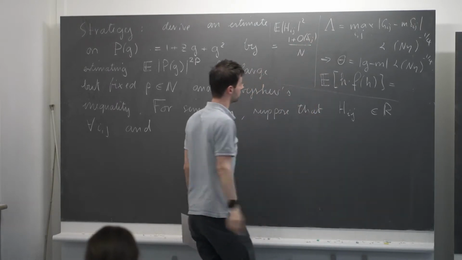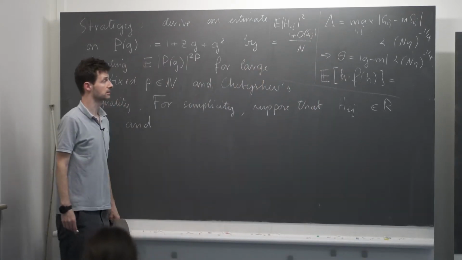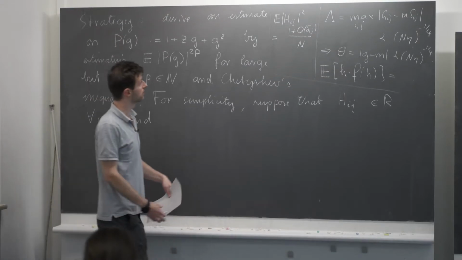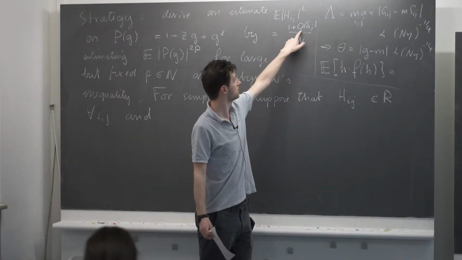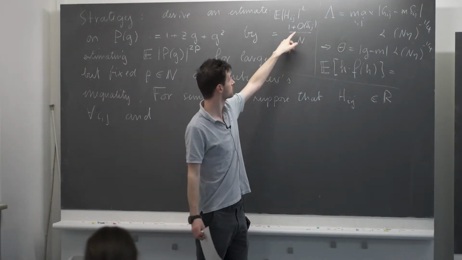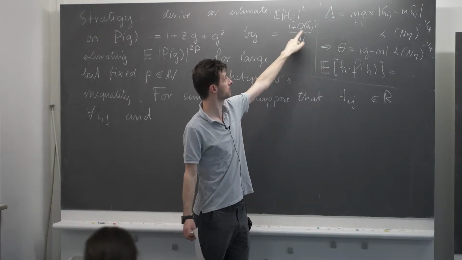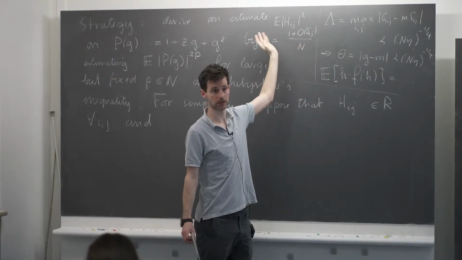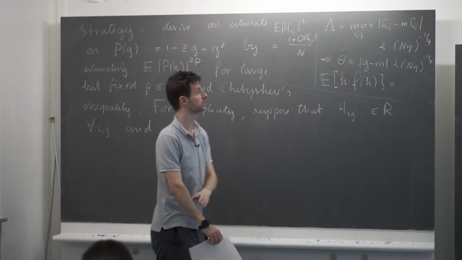It's important that the off-diagonal ones are exactly equal to 1 over n. The diagonal ones, it doesn't really matter. So I had this big O of delta ij, which means that if i is equal to j, then this can be any constant. It can depend on i and j. It just has to be bounded in n.